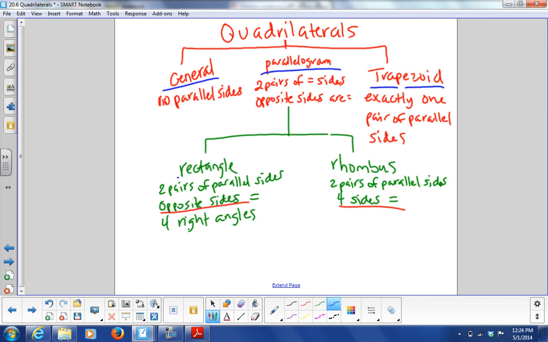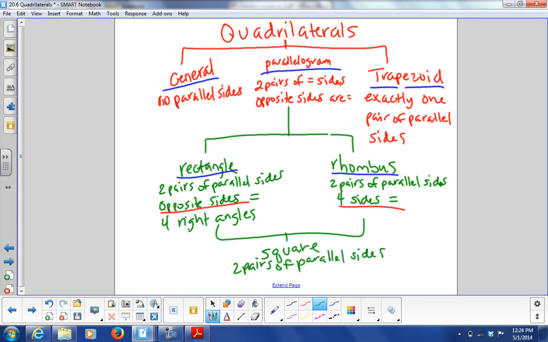And then from the rhombus and the rectangle, I get the square. My square has two pairs of parallel sides, 4 equal sides, and 4 right angles.